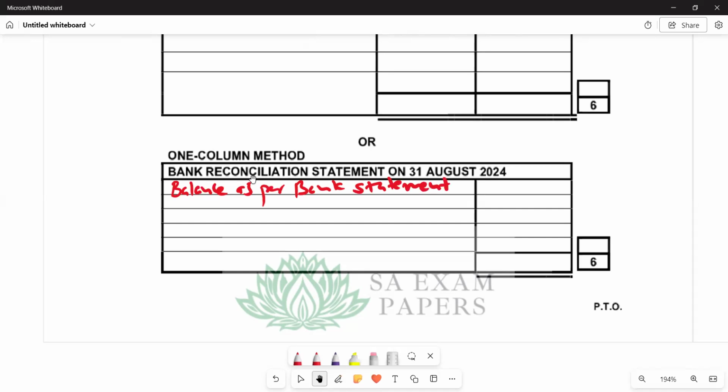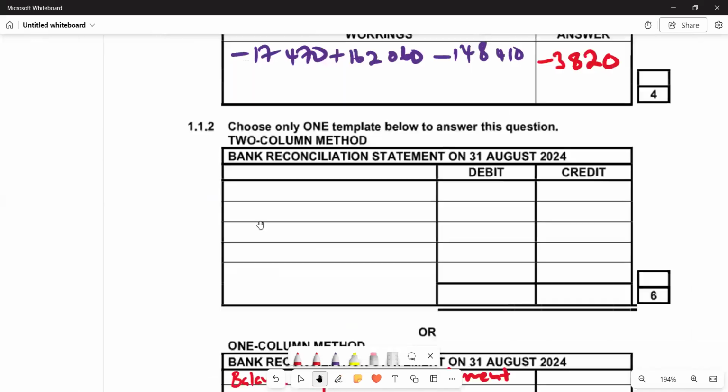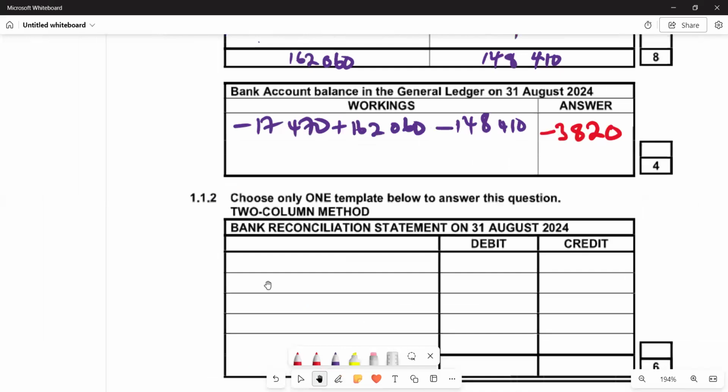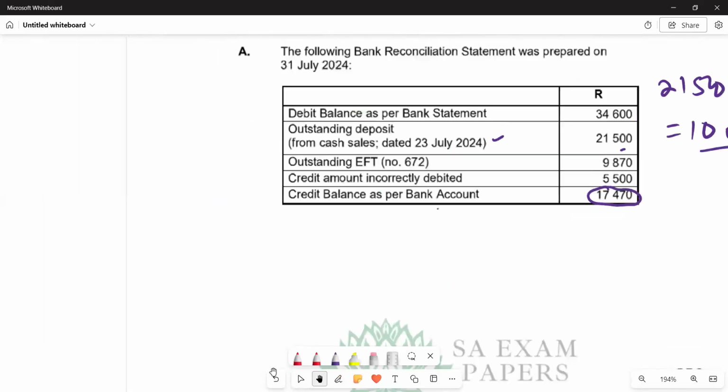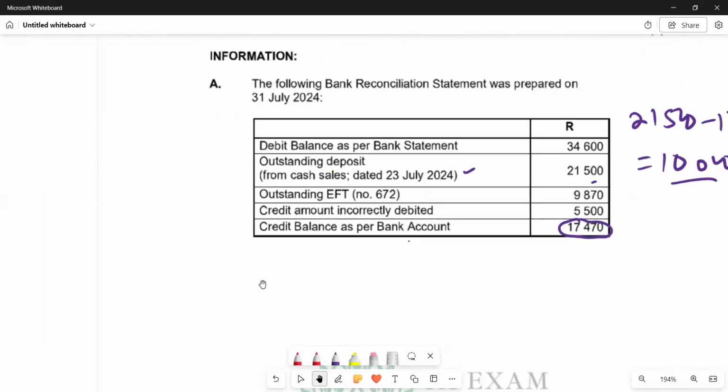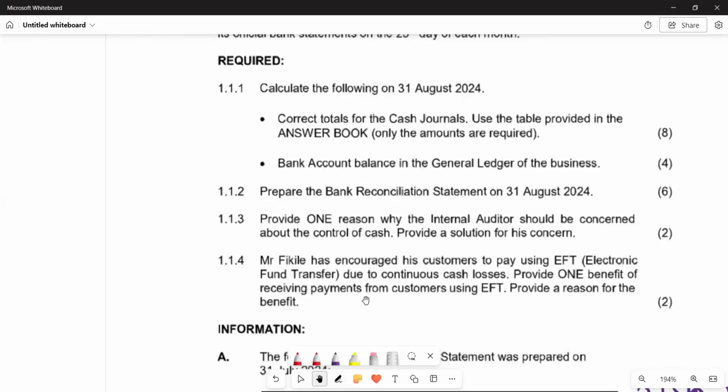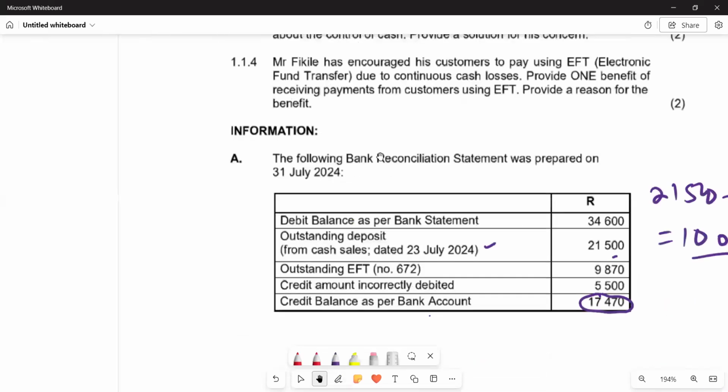And then we can go there to check that balance in the question. Let's try to see which information we are given that is going to lead us to the balance as per bank statement.